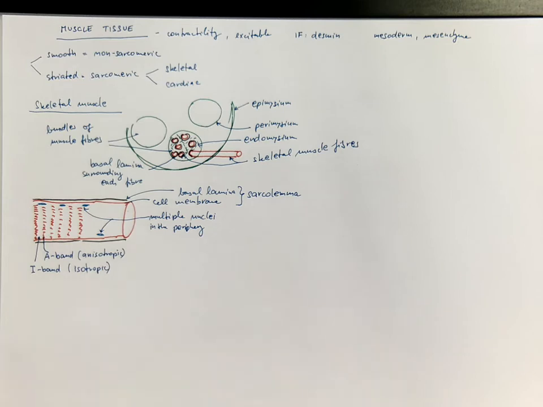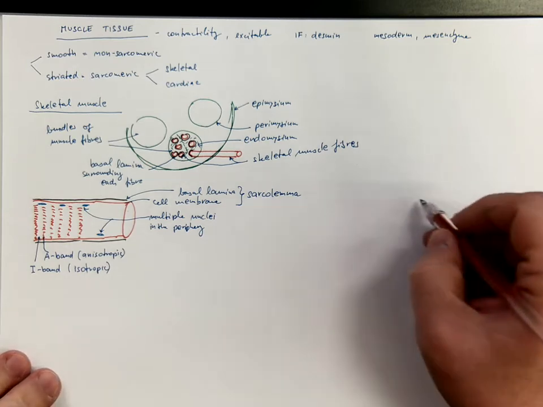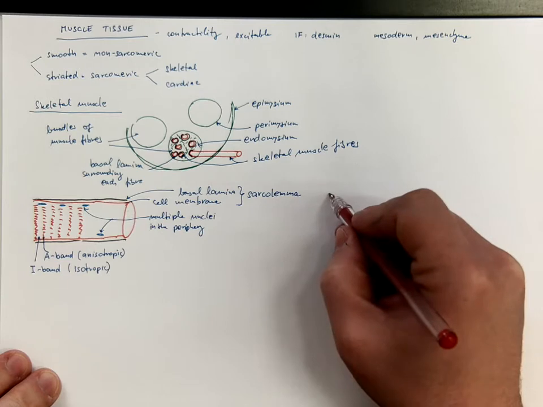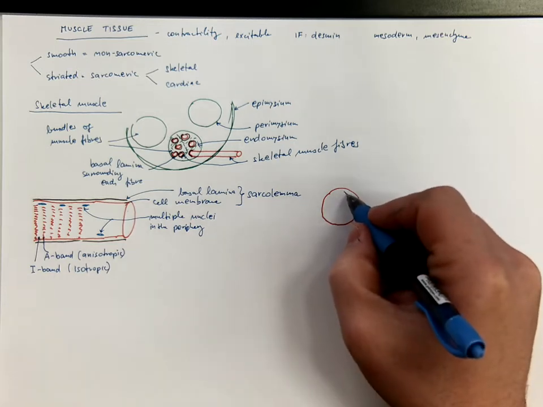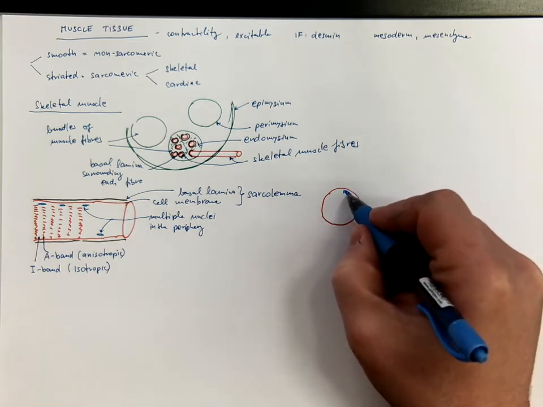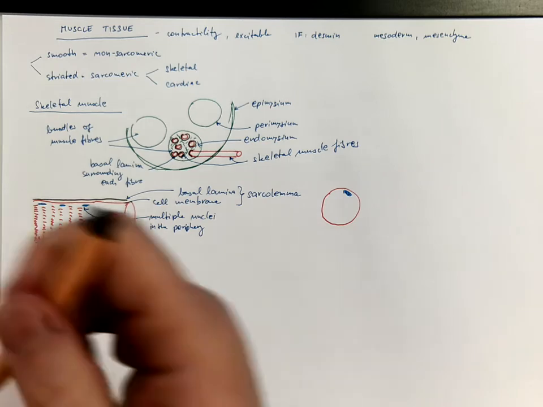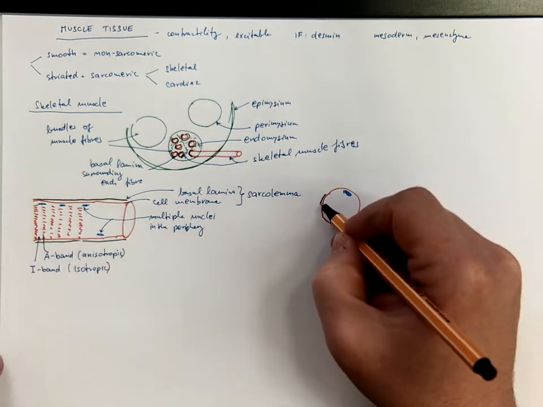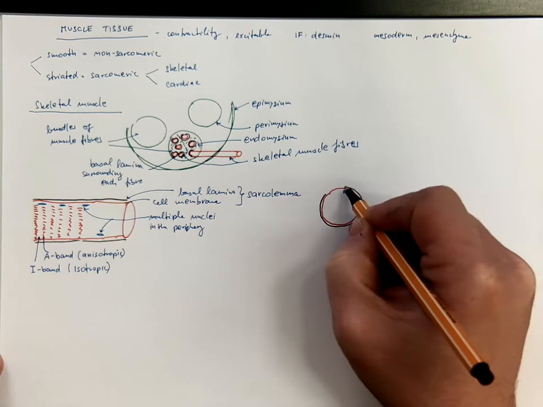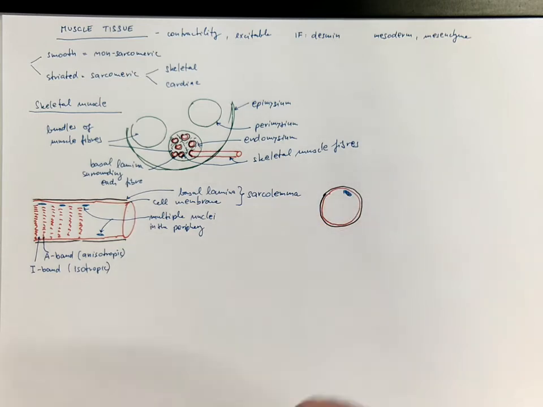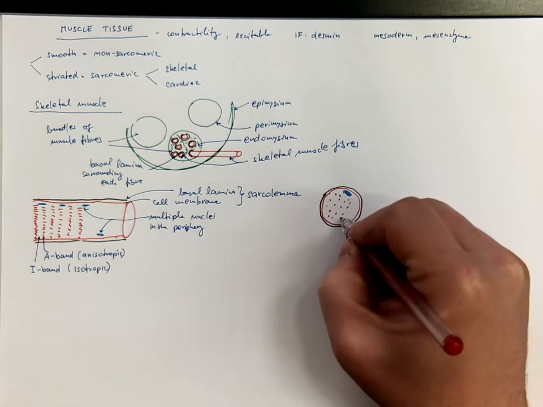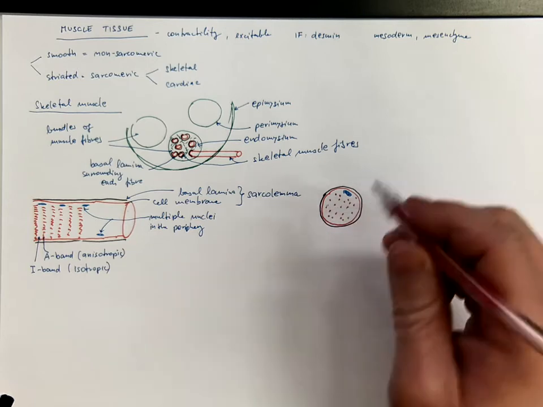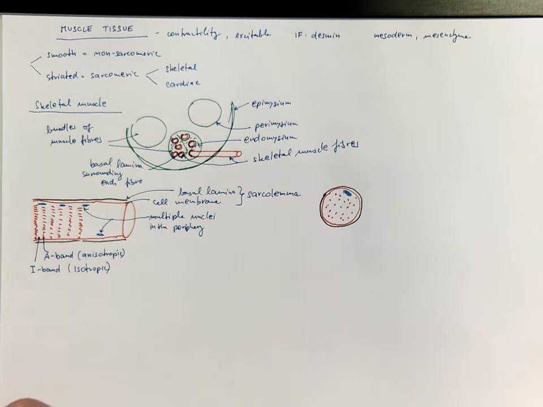In a cross section, the skeletal muscle fibers appear like that, with the nucleus on the periphery, just beneath the sarcolemma, and we can see the myofibrils, which are associations of the contractile filaments.